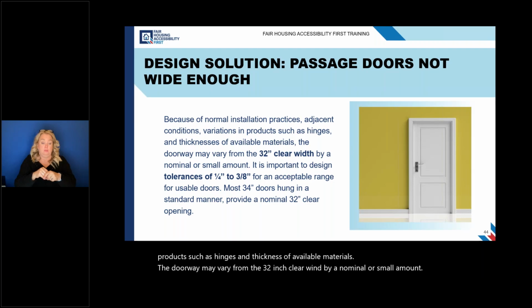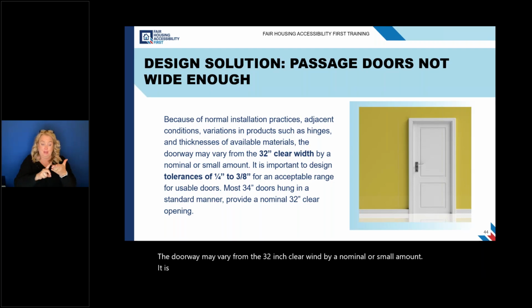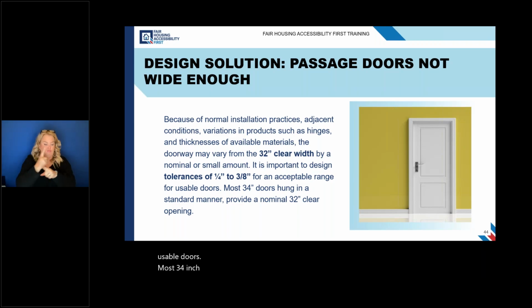It is important to design tolerances of 1/4 inch to 3/8 of an inch for an acceptable range for usable doors. Most 34-inch doors hung in a standard manner do provide a nominal 32-inch clear opening.